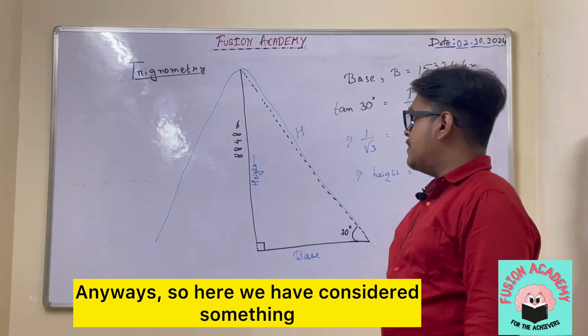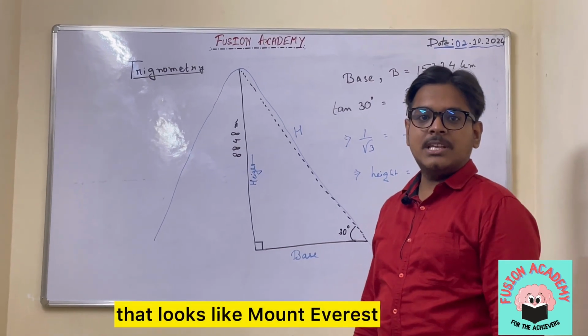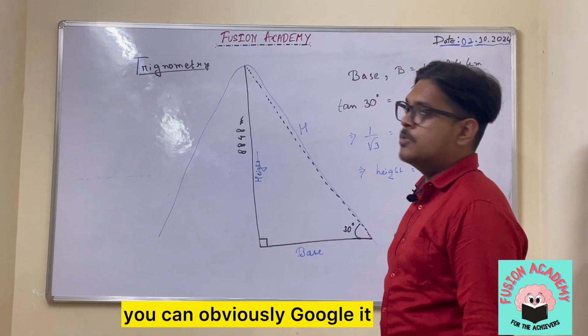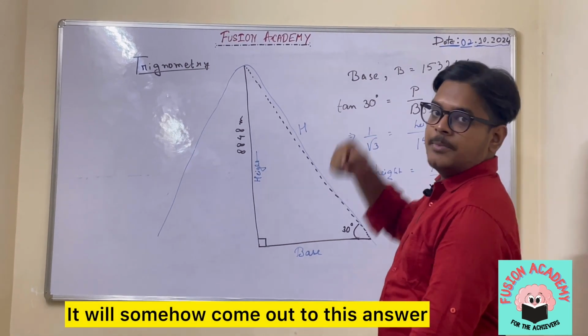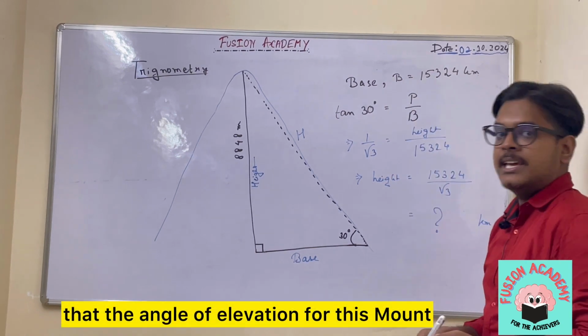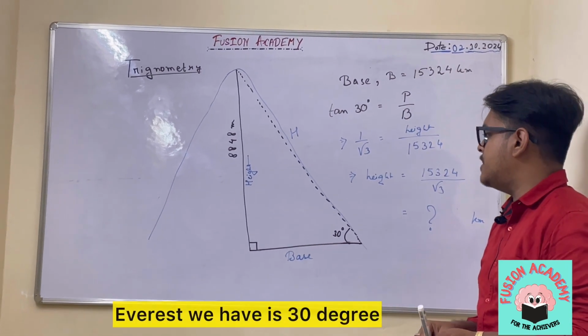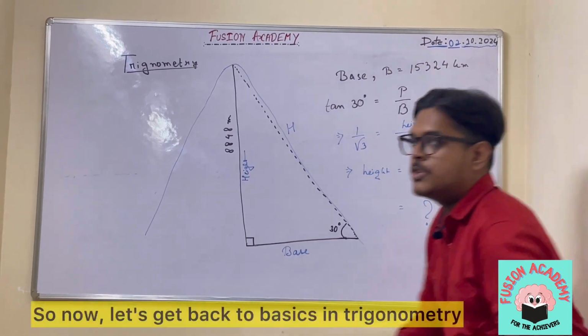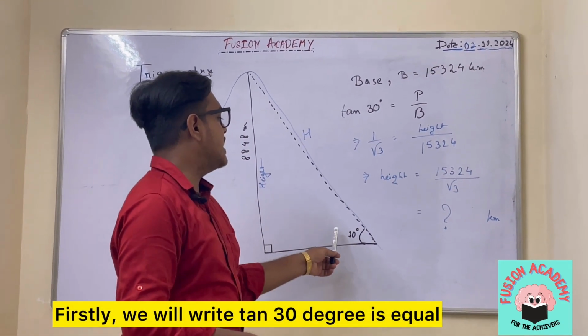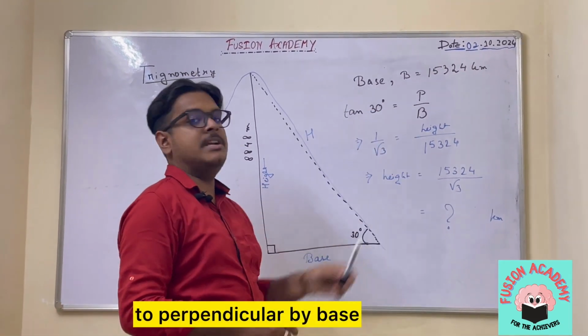Anyways, so here we have considered something that looks like Mount Everest. The base I found out from Google, you can obviously Google it, it will somehow come out to this answer. And let us consider that the angle of elevation for this Mount Everest is 30 degree. So now let's get back to our basics in trigonometry. Firstly, we will write tan 30 degree is equal to perpendicular by base.